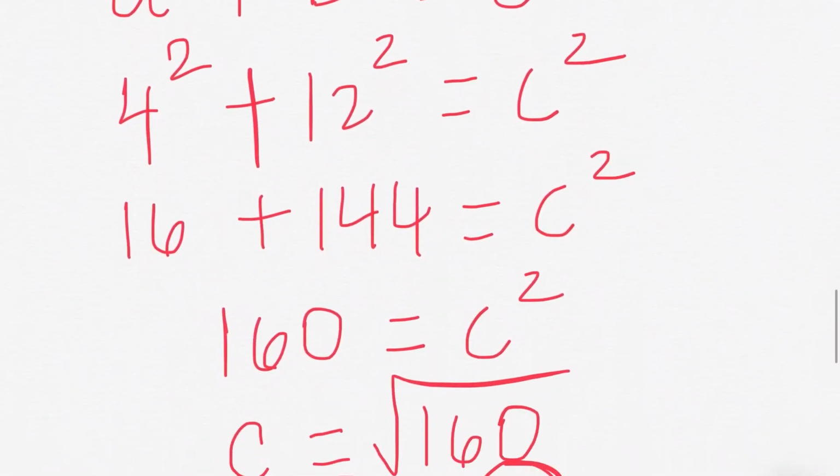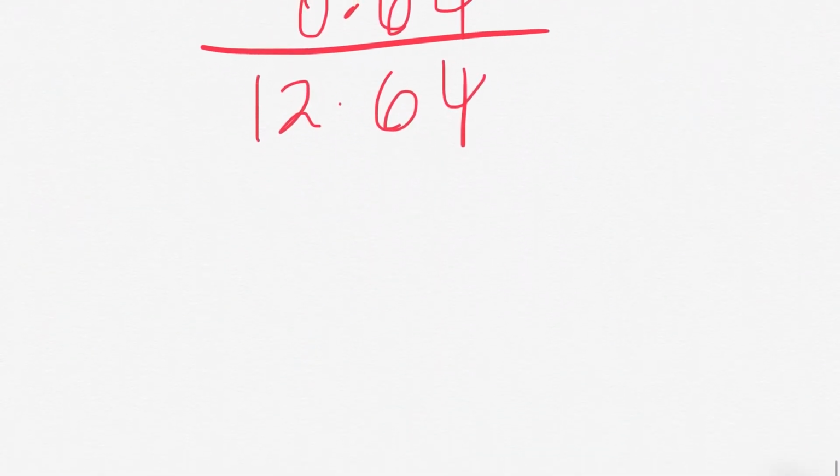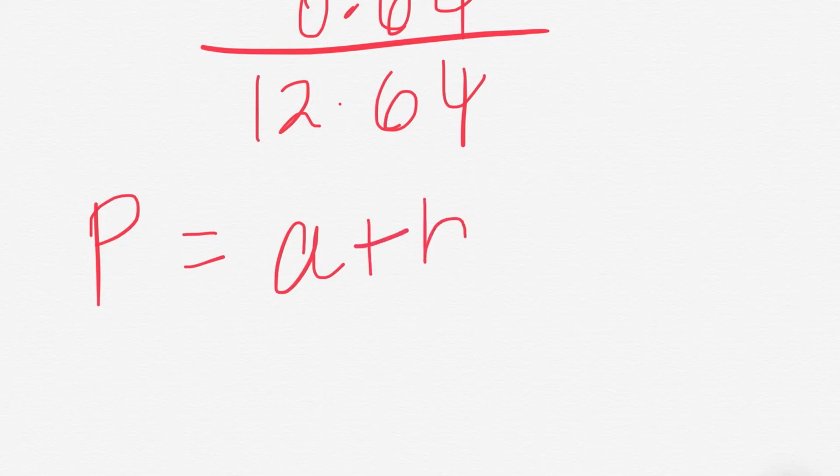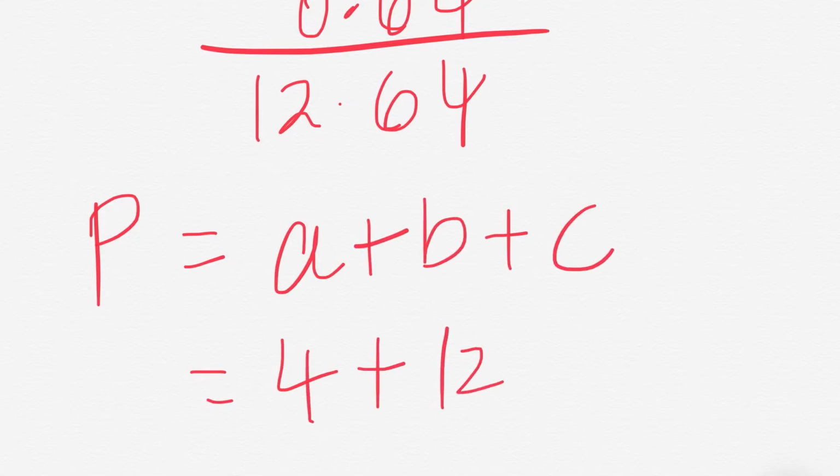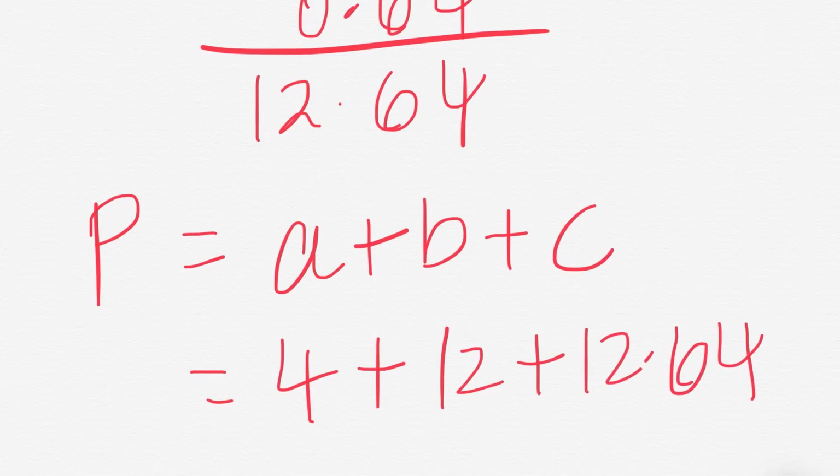Since we know the hypotenuse now, we can find the perimeter of the triangle, which is equal to A plus B plus C, which is 4 plus 12 plus 12.64, which is nothing but 28.64.